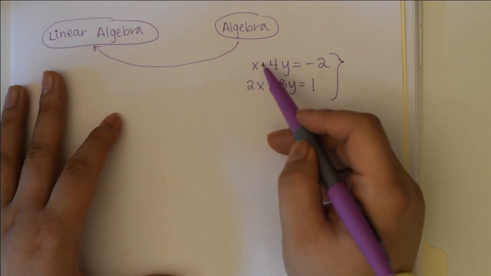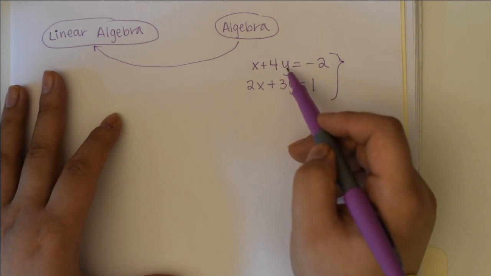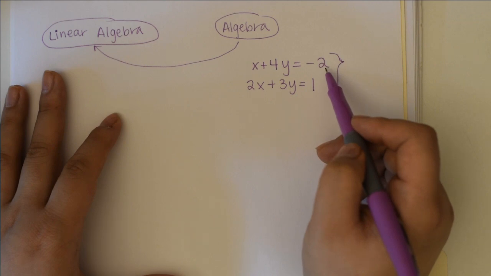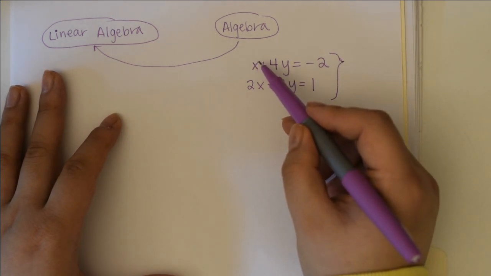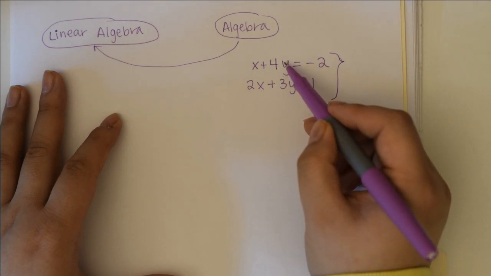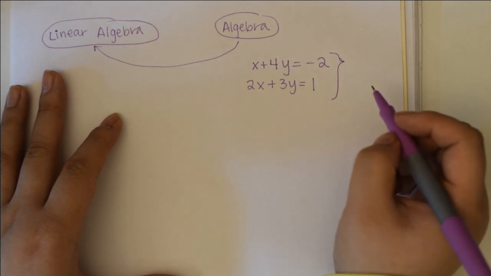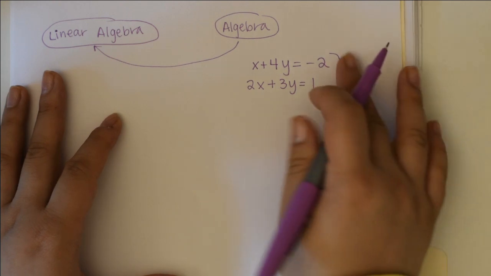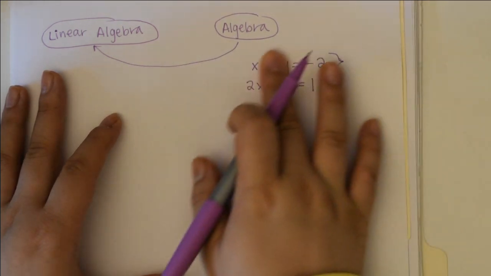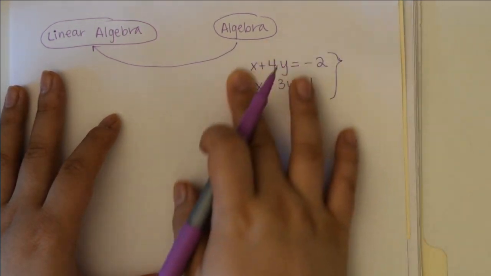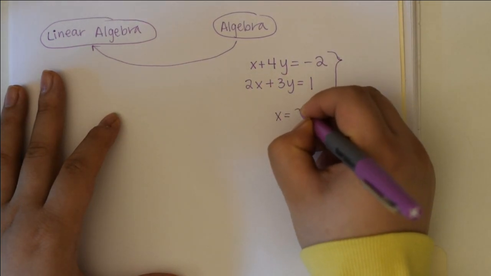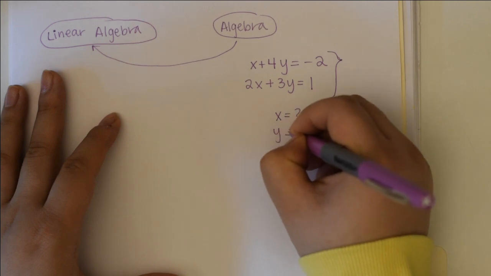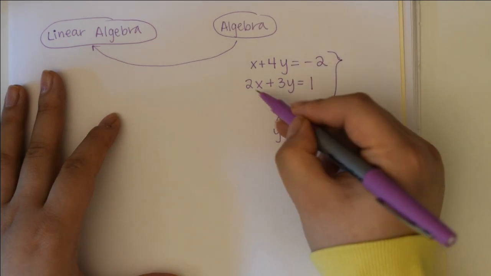So what number plus 4 times another number gives me -2, but at the same time, 2 times that first number plus 3 times that second number gives me 1. This is like a puzzle, like a game, and we want to figure out what value for x and what value for y satisfies this together, if any.